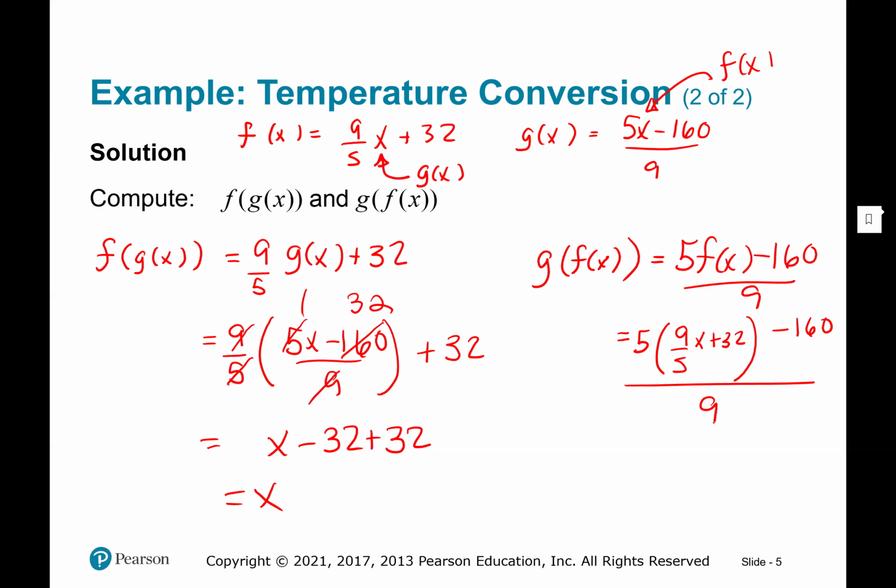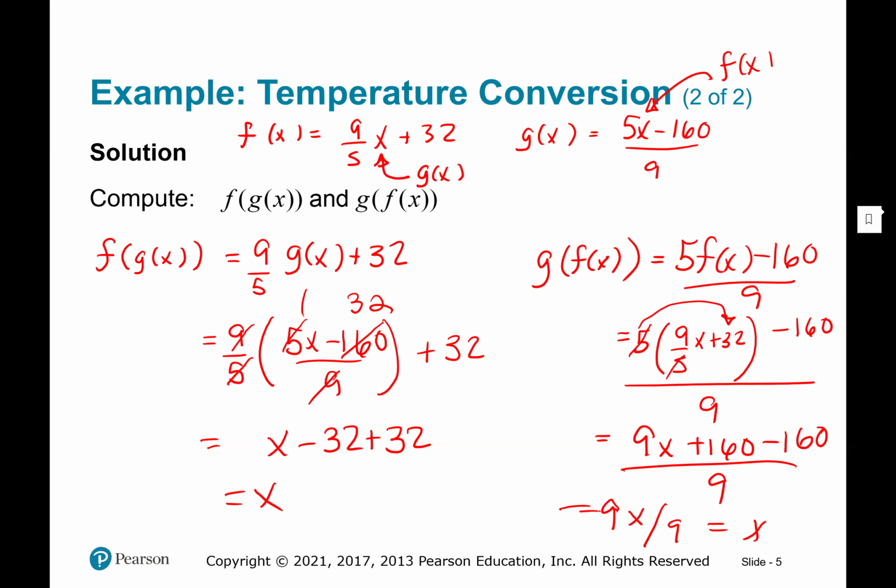Oh, we're going to have to do a little arithmetic simplification here. Okay, so I have 5 times (9/5 x plus 32) divided by 9. The 5 will cancel here. So I get 9x. And then I'm going to distribute that 5 across the 32. That's going to be plus 160. Minus 160 over 9. Is that 9x over 9? Is that x? So those two functions are inverses of each other.